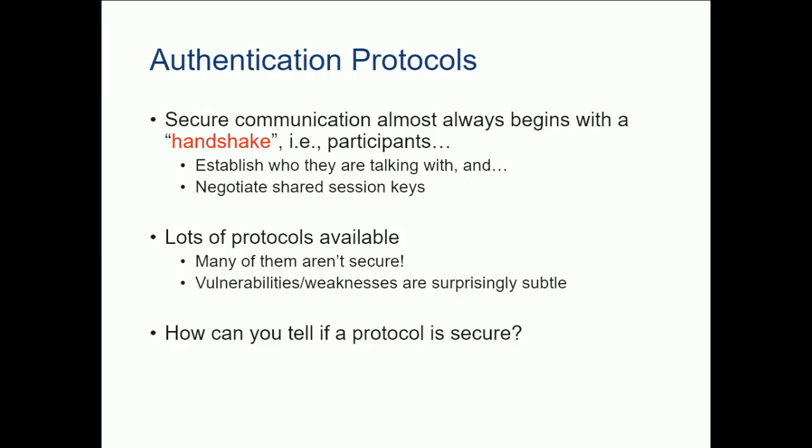So as we know, secure communication almost always starts with a handshake between two communicating parties, just like TCP. If we want to talk to each other, we have to first establish a TCP connection. The purpose of this handshake is usually to identify the party we are communicating with.